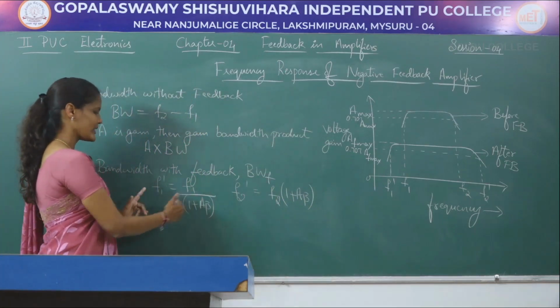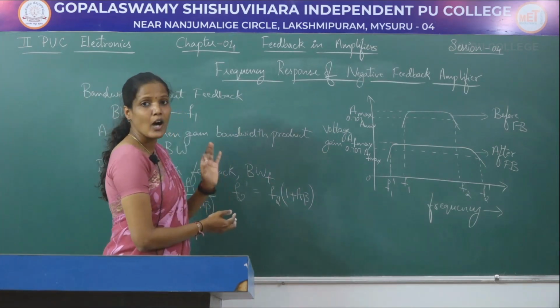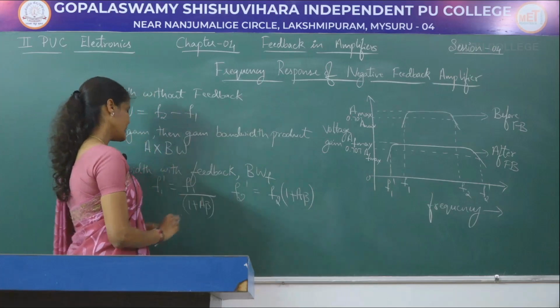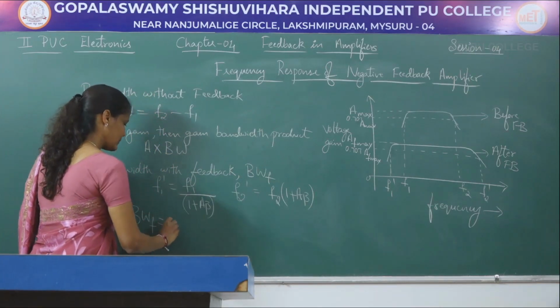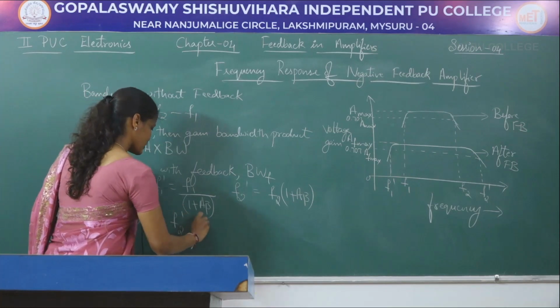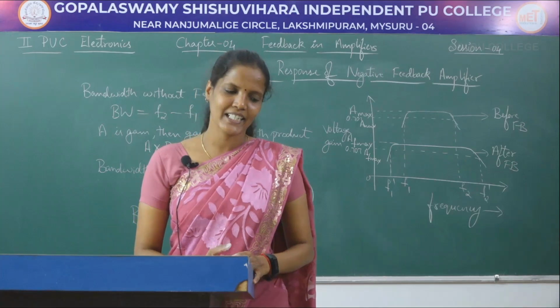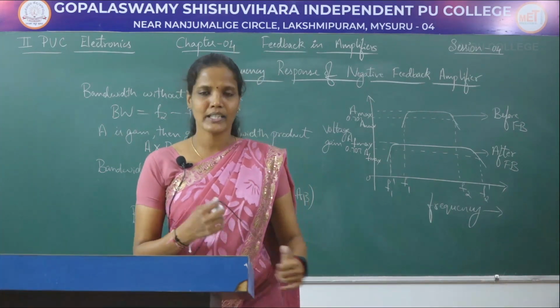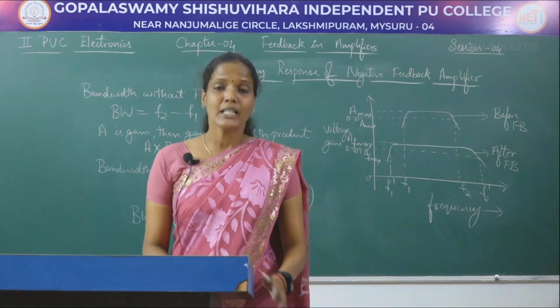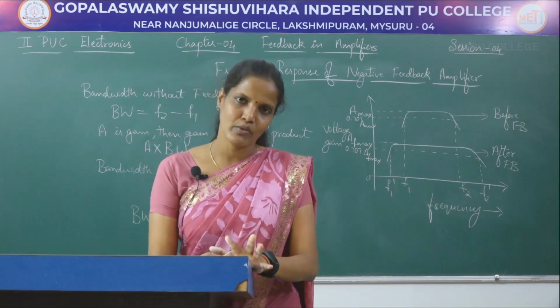So these are the lower cutoff frequency and the upper cutoff frequency of an amplifier circuit when the feedback is considered. Then the new bandwidth BWF will be given as F2 dash minus F1 dash, where F2 dash is the upper cutoff frequency and F1 dash is the lower cutoff frequency.